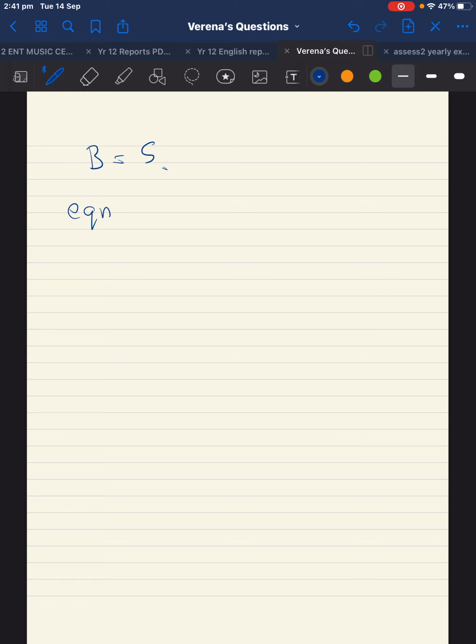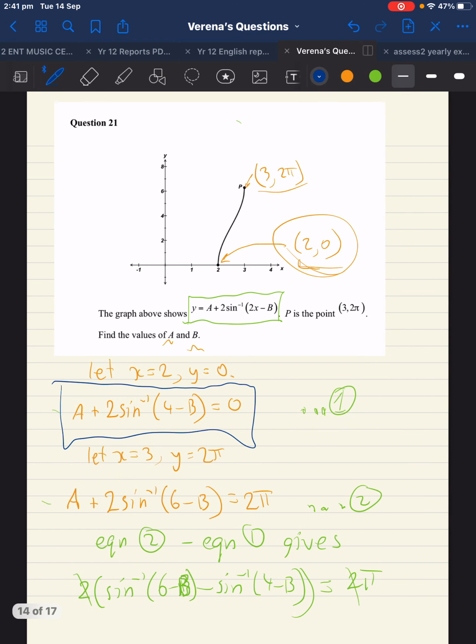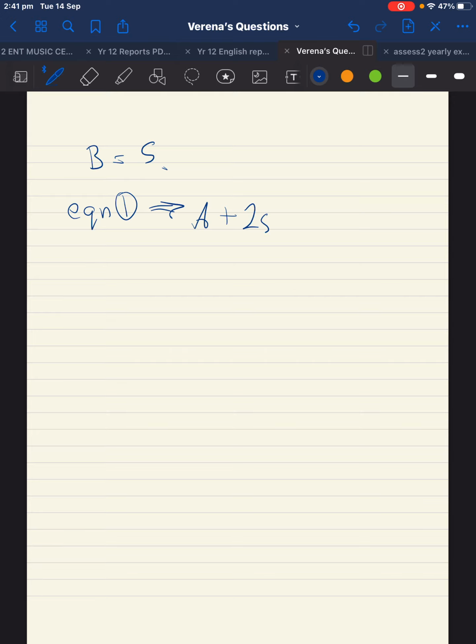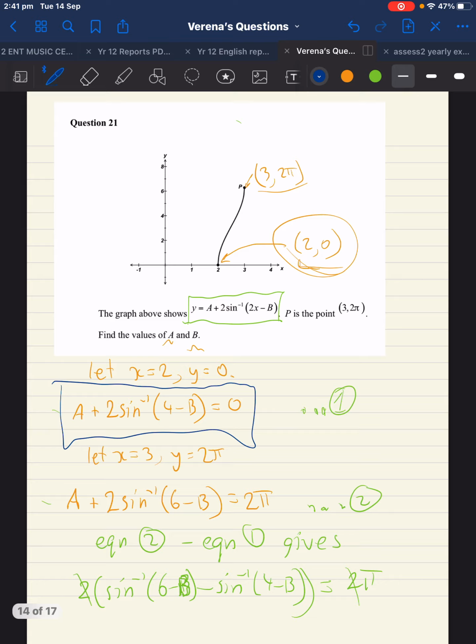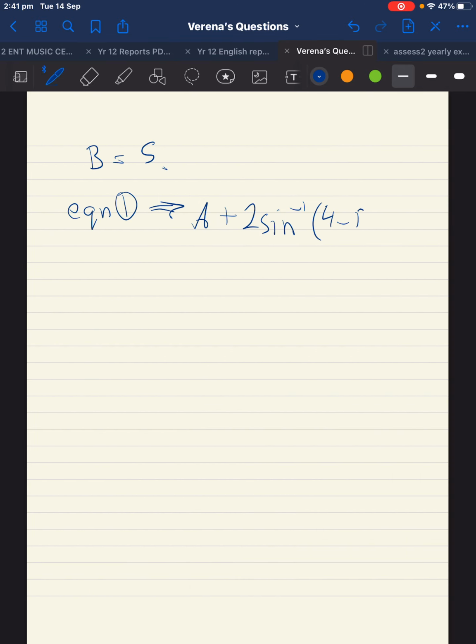Equation 1 was a plus 2 inverse sine, sorry, it's 4 minus b, is equal to 0. And from here, we're going to let b equal 5 because that's exactly what it was.